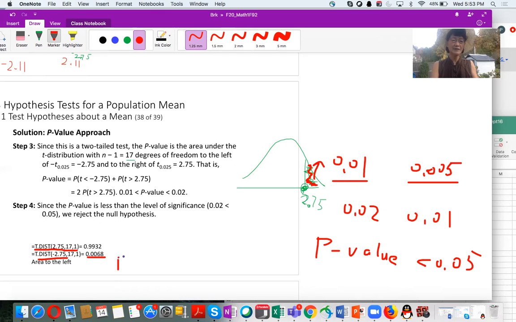So you can find the exact p-value from Excel. It is this number, 0.0068, multiplied by 2. That is your p-value. Based on the p-value method, you reject H0.